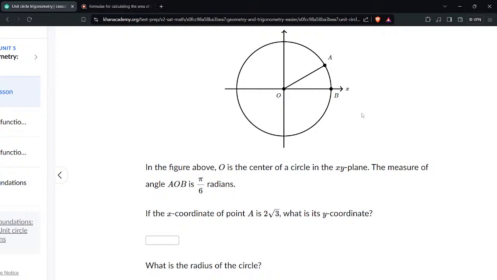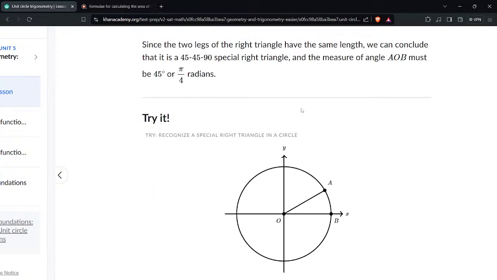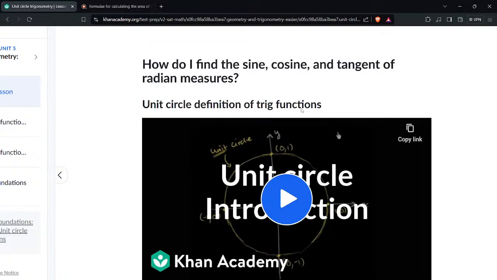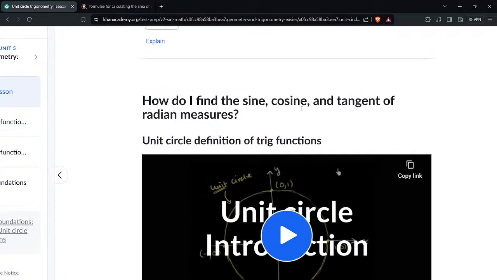I have no idea. I have no idea. What? This is the first question that I had zero idea on how to do.